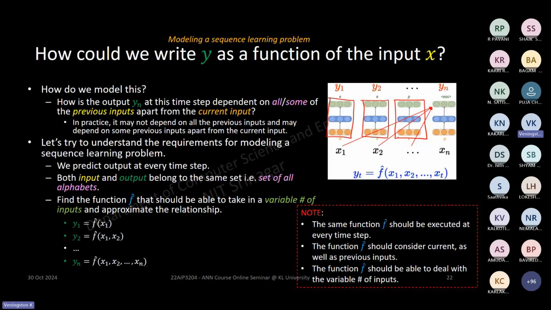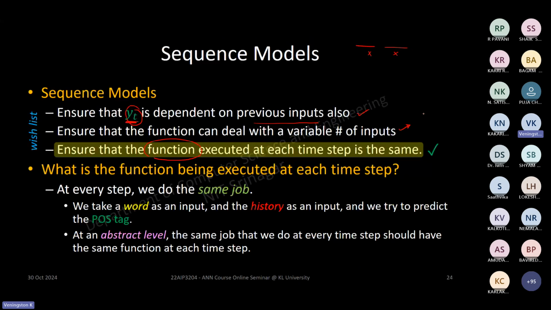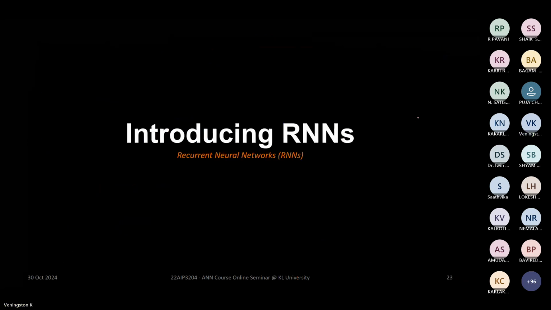I wanted to keep the same set of functions being carried out at different time steps. That is another important point: an RNN actually ensures that we carry out the same functions, which means whatever operations we carry out during this time step, the same set of operations are carried out in the next time step as well.